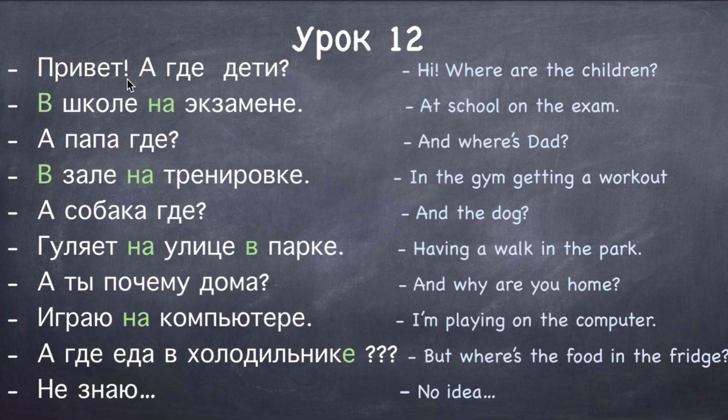Now that we have learned how to use the prepositions В and НА, I'd like to take a look at lots of examples. Please follow me, get used to the usage of these prepositions, and repeat after me. Привет! А где дети? В школе, на экзамене. А папа где?